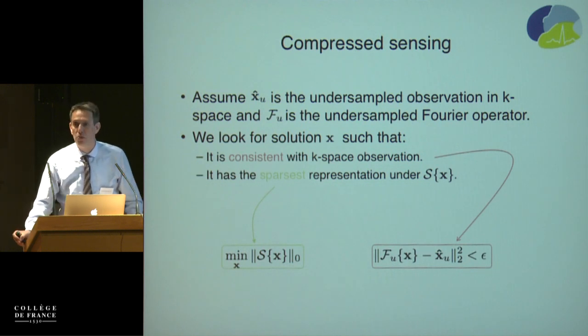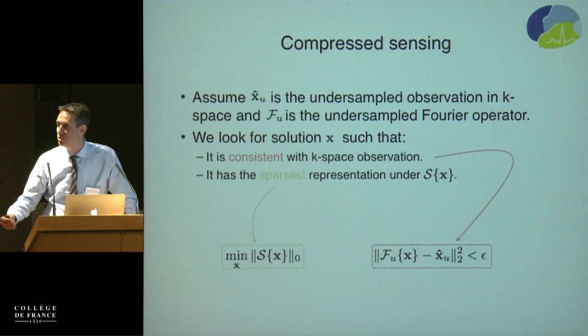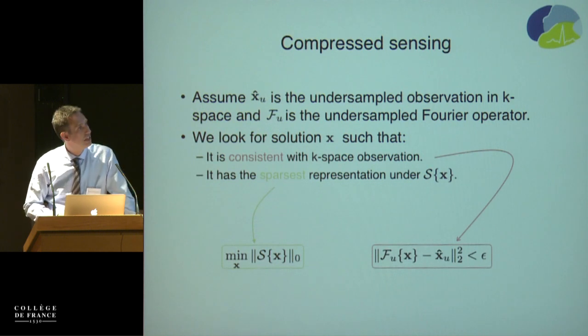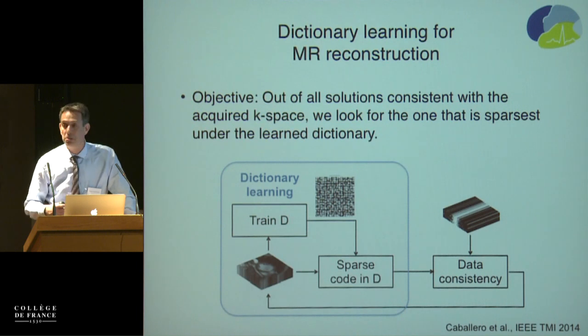So as I said before, one approach is you could simply use something like a wavelet transform, a generic compression algorithm. We're using actually something very specific called dictionary learning, where we learn directly from the data how we can encode the image in the sparsest way.